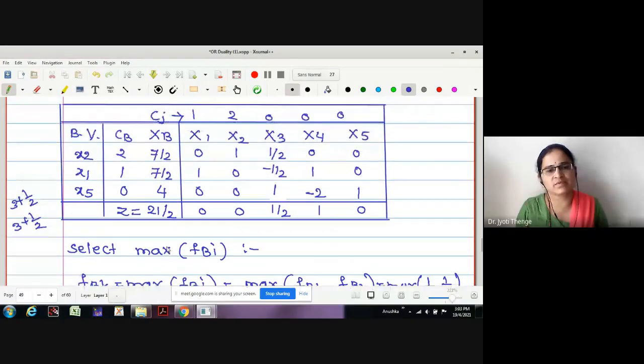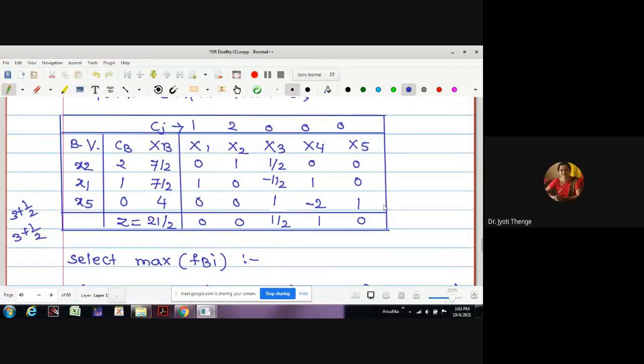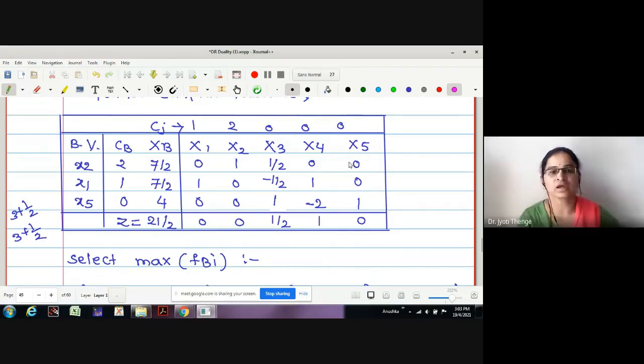Now I am going to show you a shortcut method for how to construct a row. As we have selected the first row, we write down the Gomory equation as the negative fractional part of XB equal to the negative fractional part of every entry into the corresponding variable. Let us start. What is the XB value? 7 upon 2.